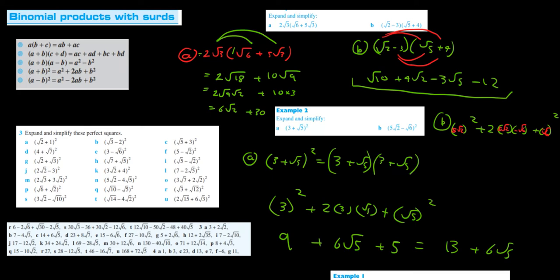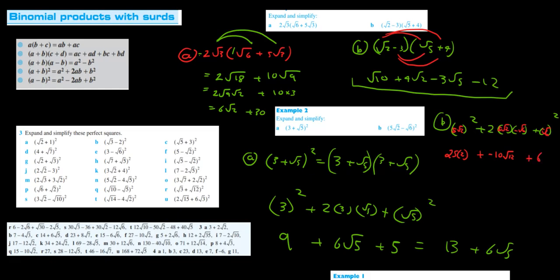Okay, so this gives 25 multiplied by 2, because the square root of 2 squared is just 2, plus we have a negative 10 root 12 plus 6.